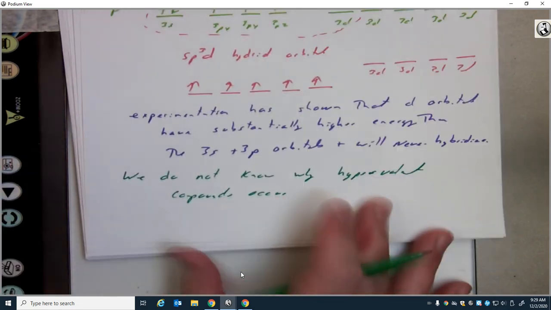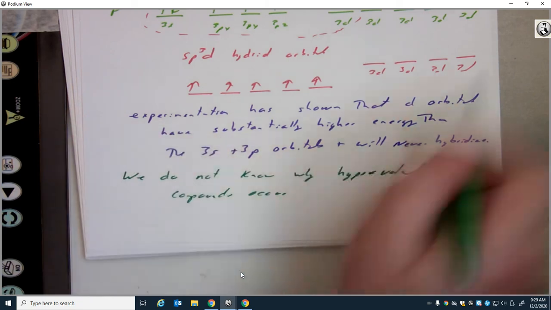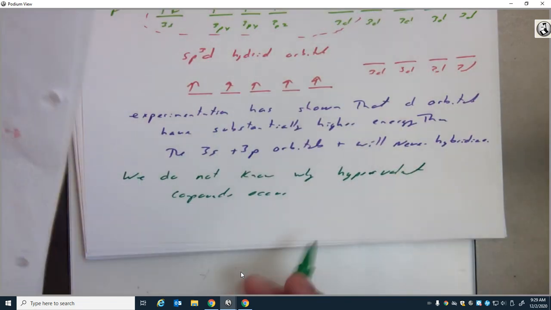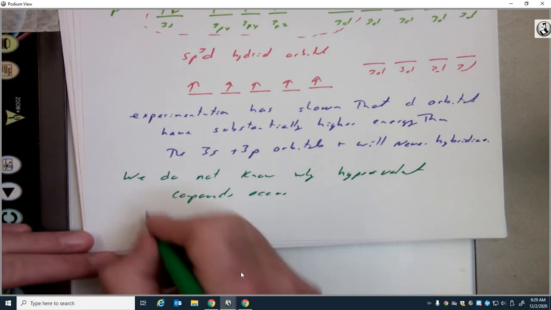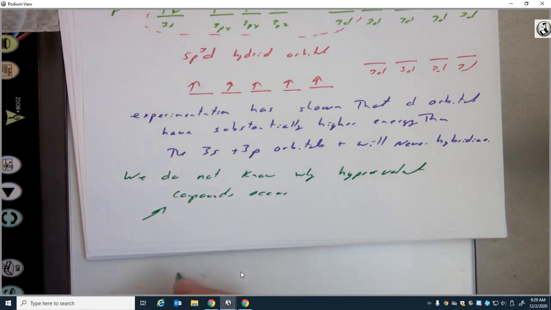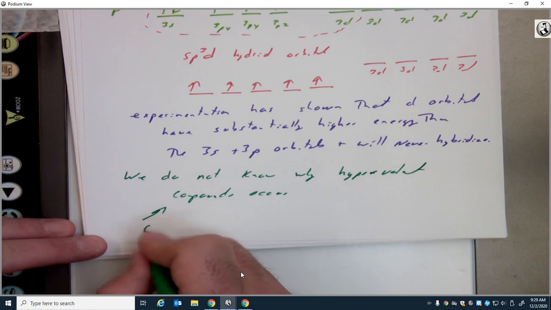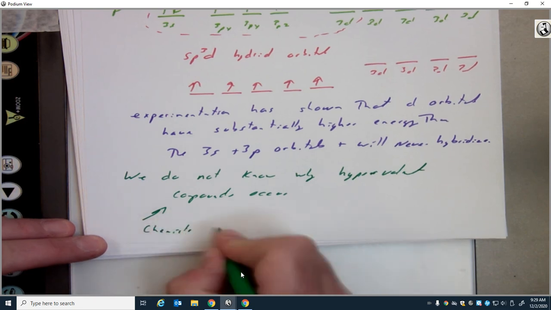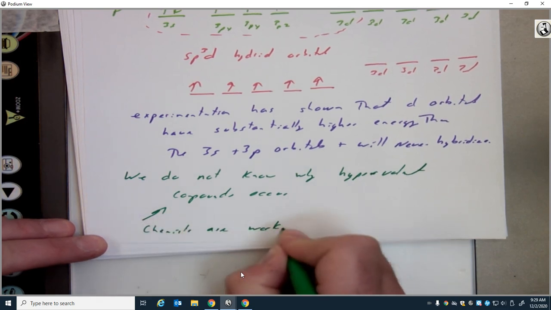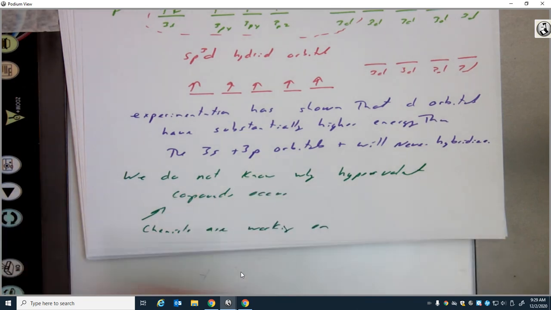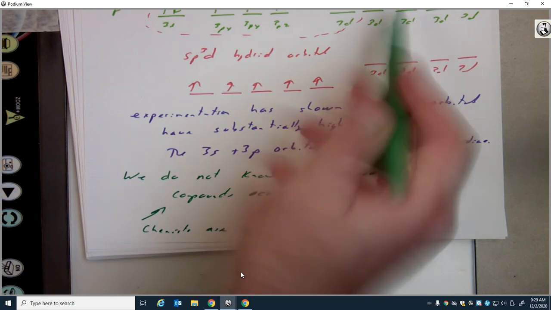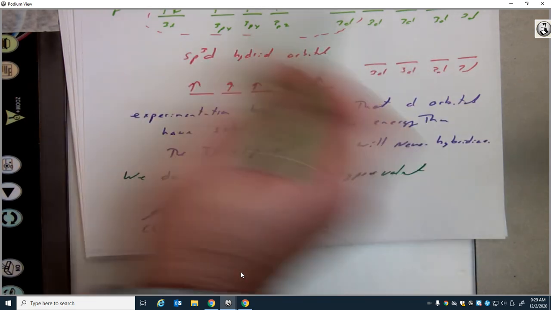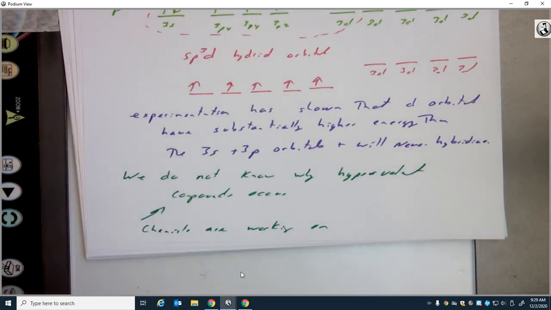All right, now, you do not need, okay, we'll never use this hybridization. Okay, so this is something right here that chemists are still working on. Okay, so this is a big area of research on why this hypervalent stuff happens and why isn't there hybridization and how is this bonding occurring, all right?